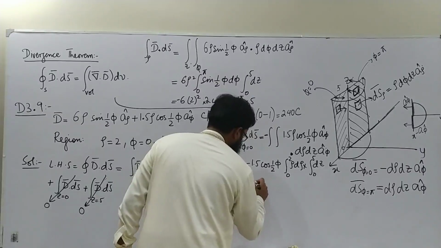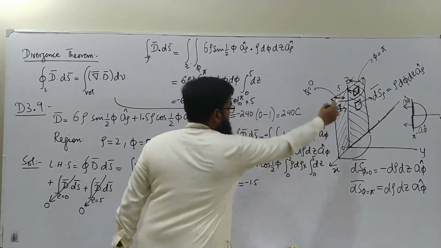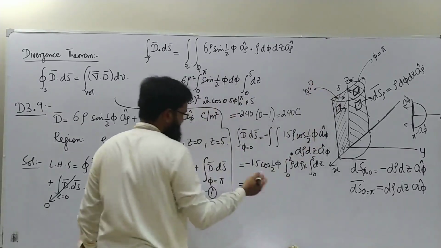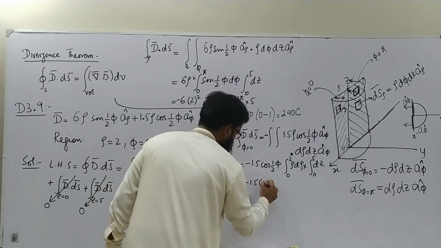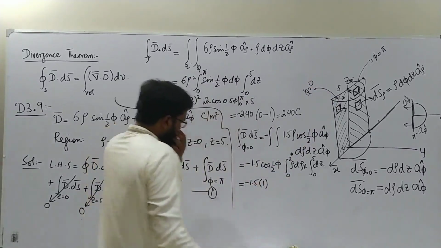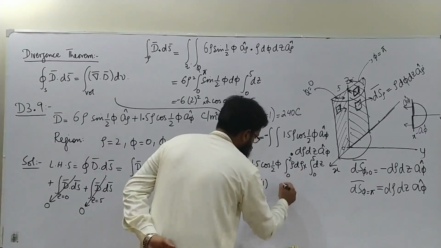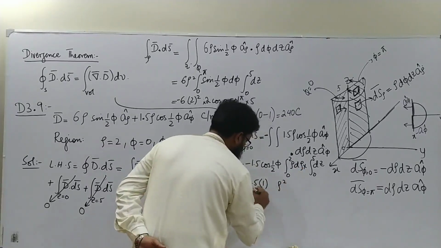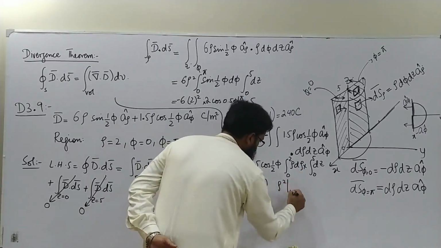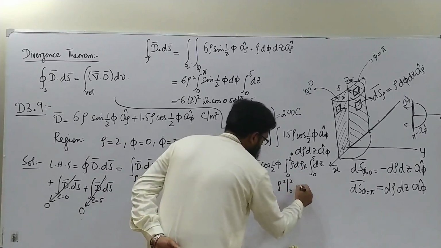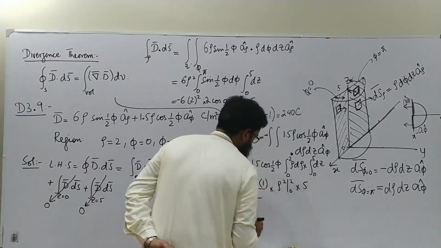So minus 1.5 cos. For this whole radial plane, phi is 0, so cos 0 is 1, so I should write 1 here. So integrate this, rho squared upon 2, limits from 0 to 2 and 5.